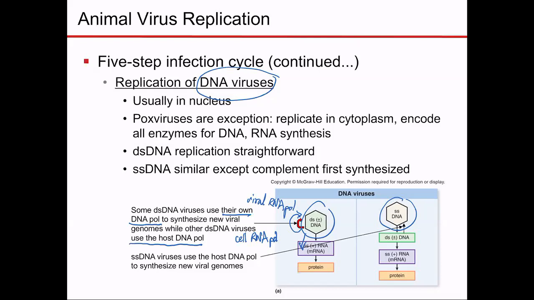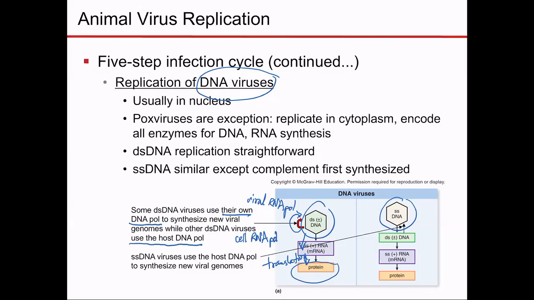And then finally, the process of translation is happening thanks to the cell. In this case, the virus is hijacking all those ribosomes in order to translate the viral messenger RNAs. It's using all the amino acids that are produced in the cell. This is completely done by using the host cell machinery.